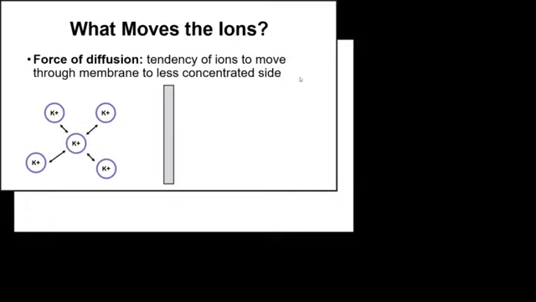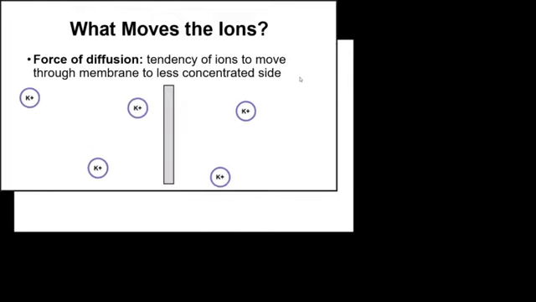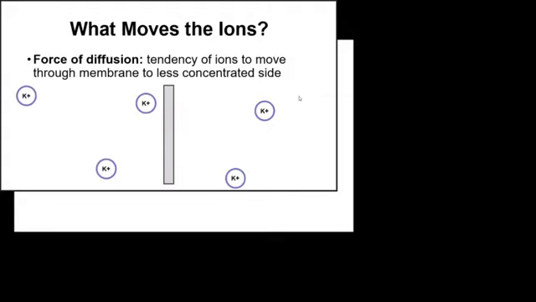They want to spread out as much as possible, and as a result, they're going to equalize across that membrane if they can. As we mentioned, that phospholipid bilayer in the middle is going to block free movement of everything, but some of the smaller things, like some of our smaller ions, can move across a little bit.